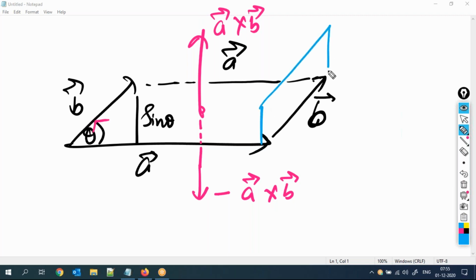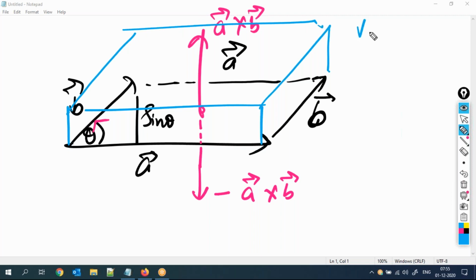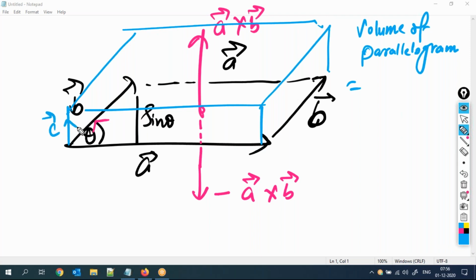So I create a parallelogram. What will be the volume of the parallelogram? If I have this vector C, I have this vector as C up.